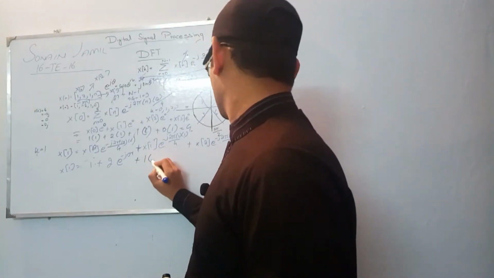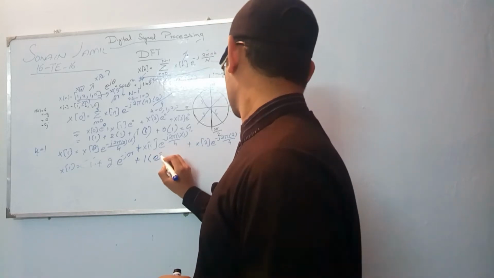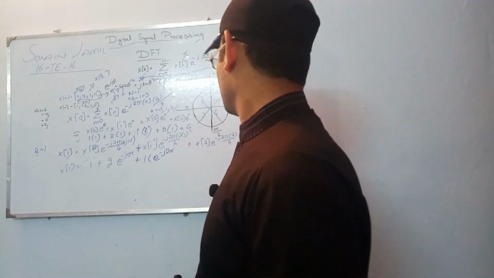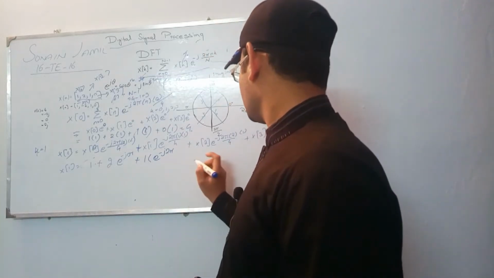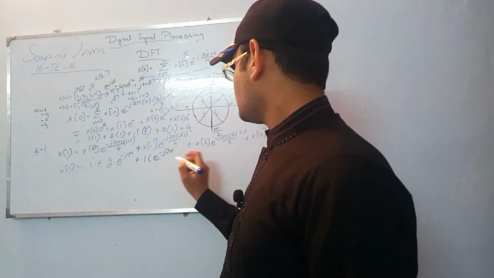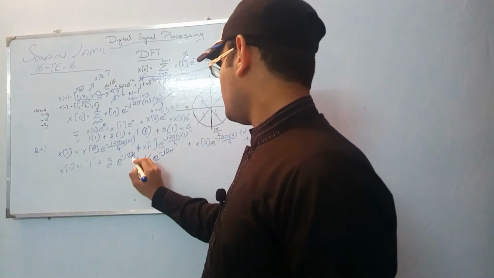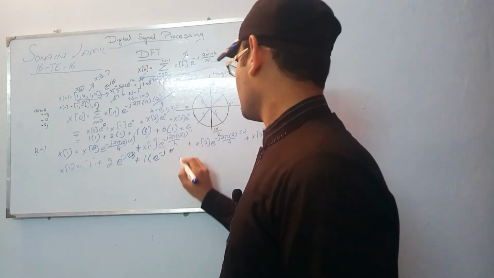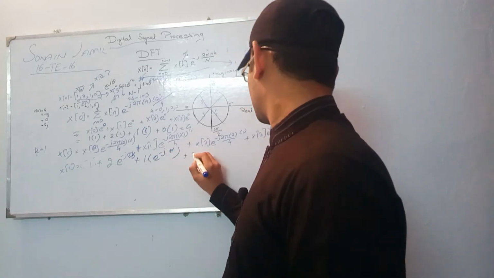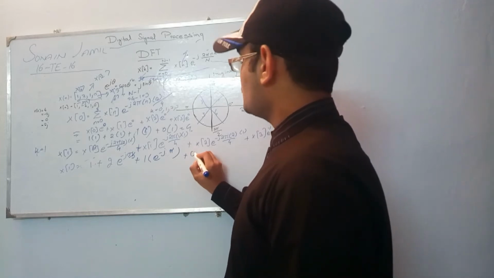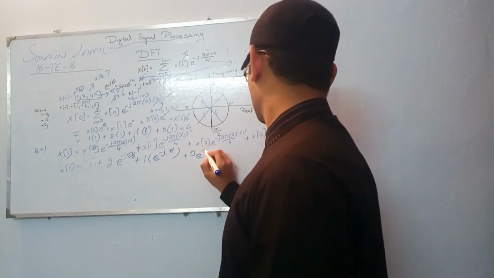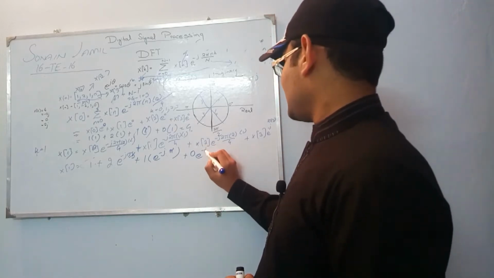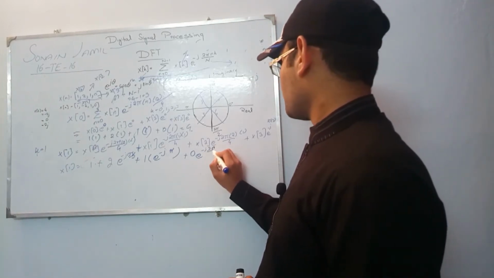Similarly, here is 1 into e power minus j 2 pi. This is pi by 2, this is pi, plus 0 into e power minus j 3 pi by 2.